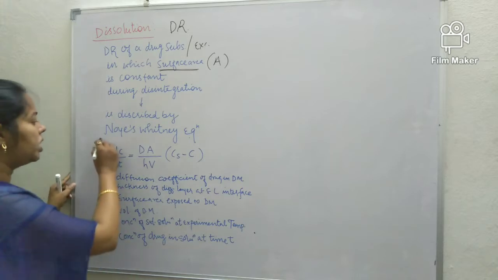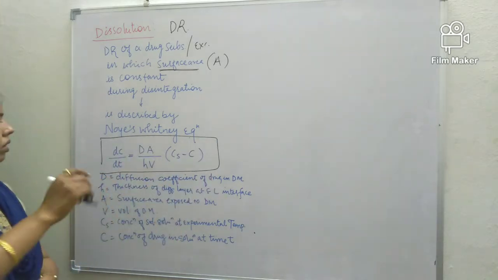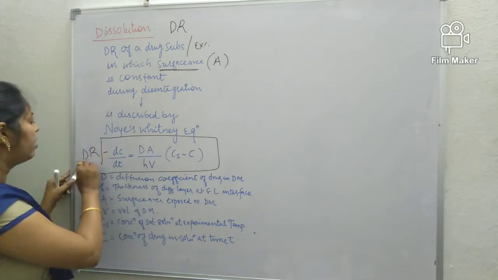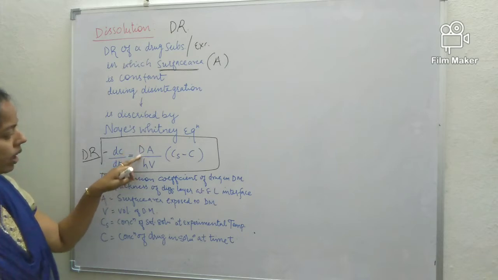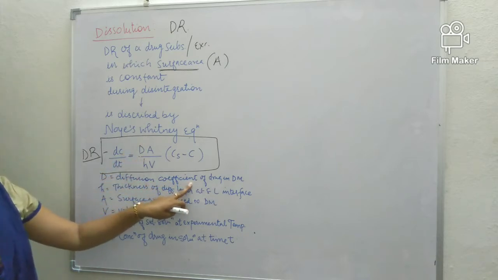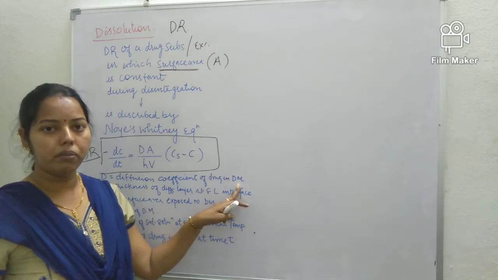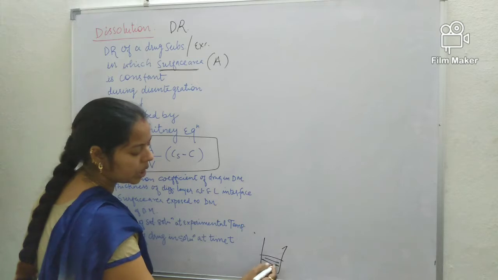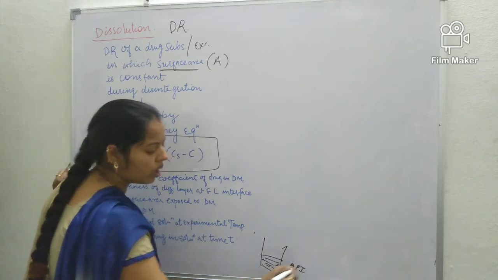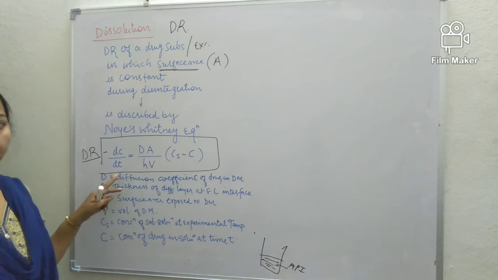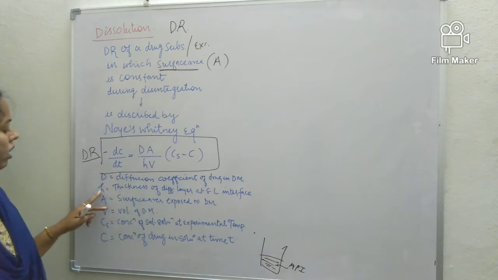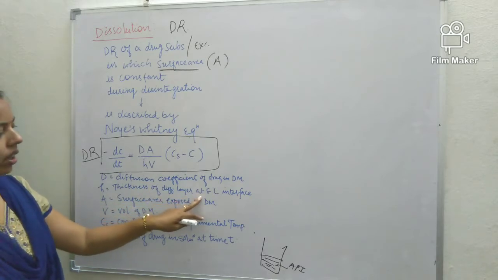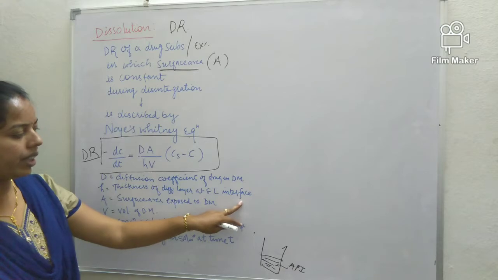In this equation, dC/dt is the dissolution rate, and capital D is the diffusion coefficient of the drug in the dissolution medium. Small h is the thickness of the diffusion layer at the solid-liquid interface.